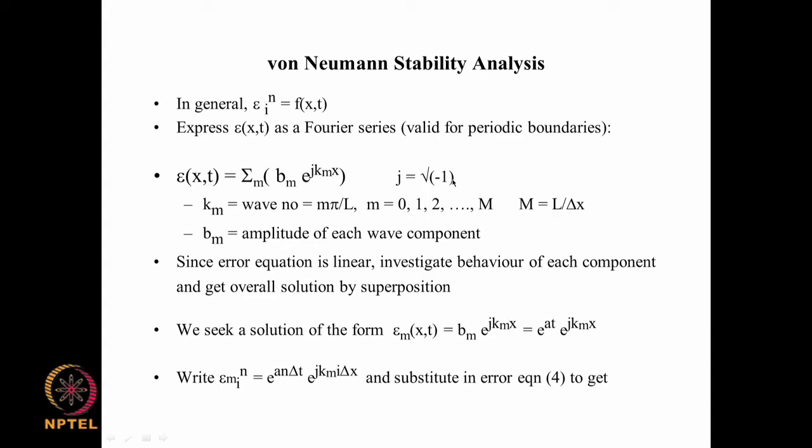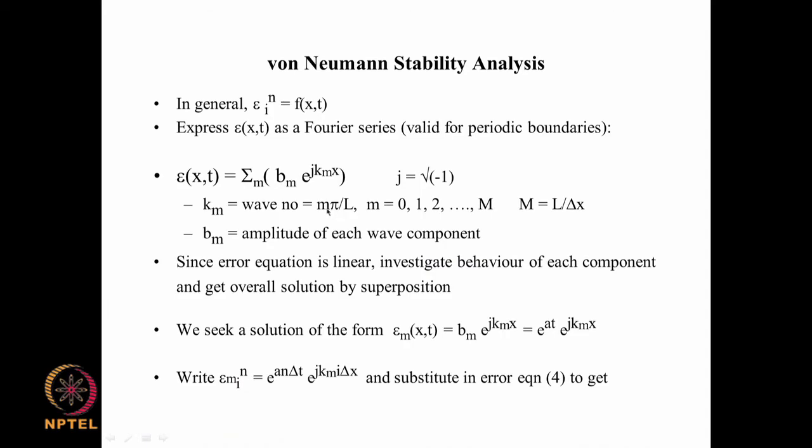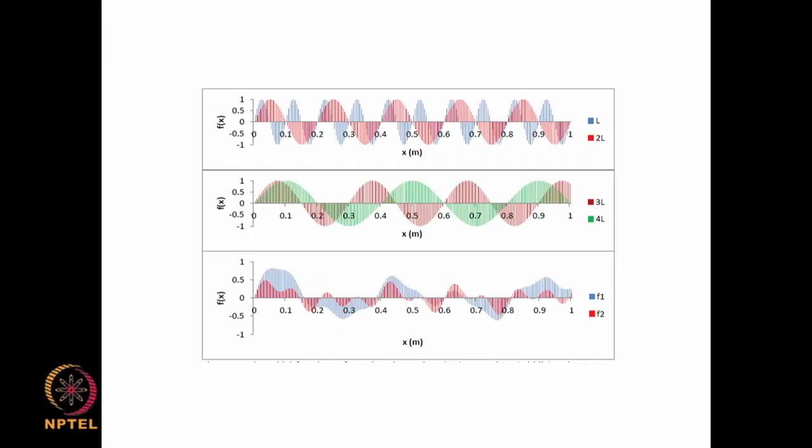It is an imaginary number here, and km is the wave number which takes the values of m pi divided by capital L, where m goes from 0, 1, 2 up to capital M, where capital L is the domain length in x and capital M is L divided by delta x, where delta x is the grid spacing, and Bm is the amplitude of each wave component. So, let us just try to visualize this.